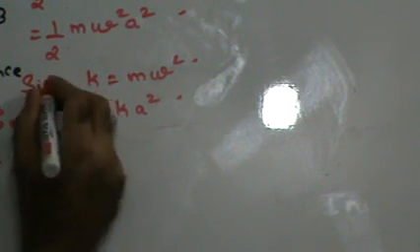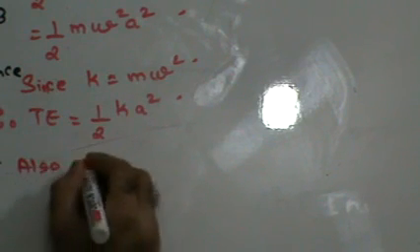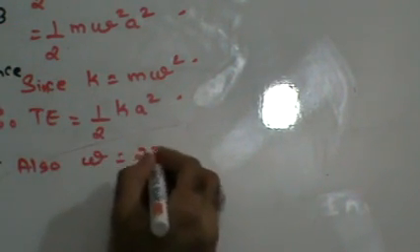Now, I can represent this in another way also. Since k is equal to m omega square, therefore total energy is also equal to half k a square. The total energy of a particle in SHM can also be written as half k a square, right? I can also say that omega is 2 pi n.